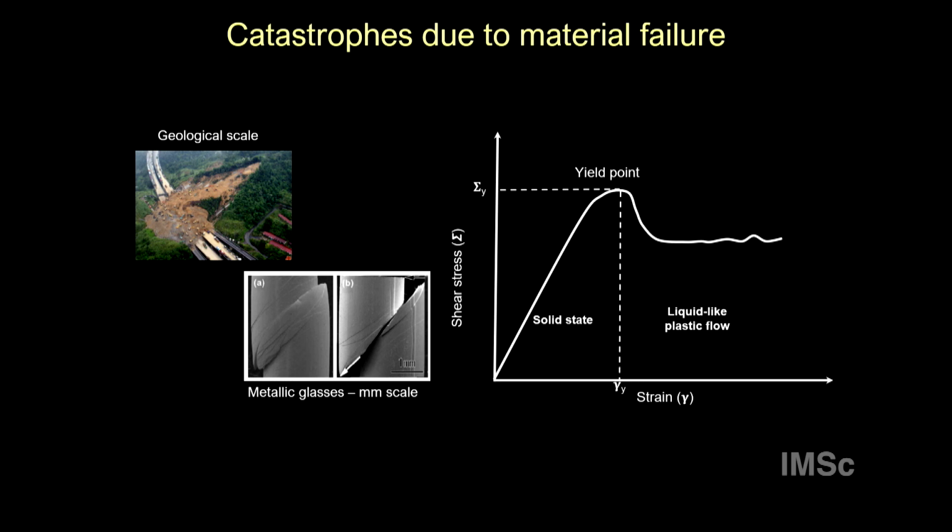This is a geological scale, and this is a millimeter scale, and both these materials, irrespective of what kind of interactions they have, what the dimension or the scale is, we see something very similar in materials. That is material failure, and this is what we want to understand essentially. That's the larger goal. I'm not going to give you the solution to this problem, but we'll pick one small aspect of the problem and try to address that.